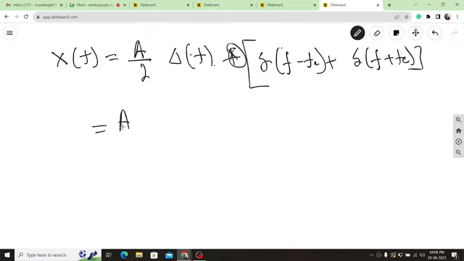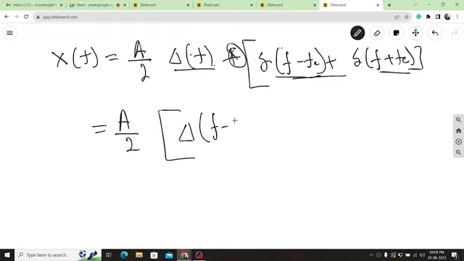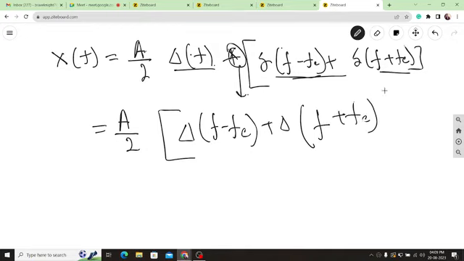So for more simplification, this is just a convolution. This triangular wave function will be moved in these two directions, and the bandwidth of this triangular function is 1. So this is delta of f minus fc plus delta of f plus fc, because of this convolution property.